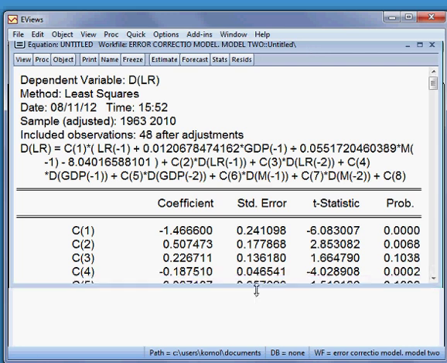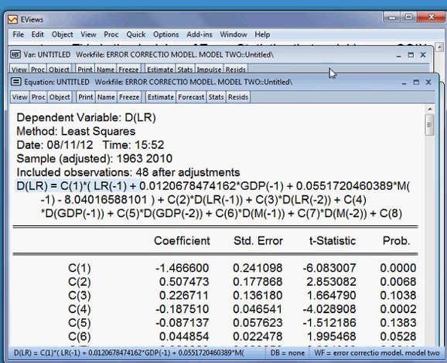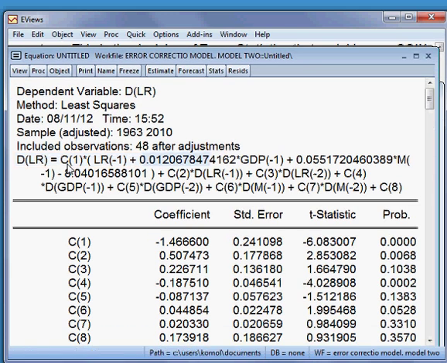You can see from here, this is actually called the error correction model, and here the lending rate is the dependent variable. Lending rate is the dependent variable of this model, and all these are independent variables. And what is C1?